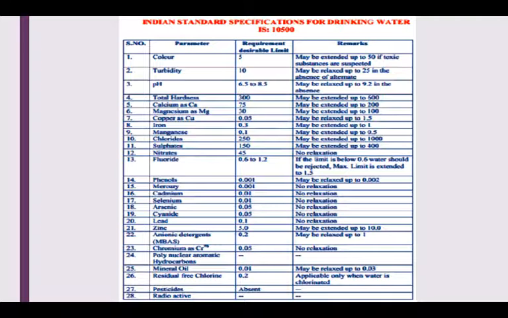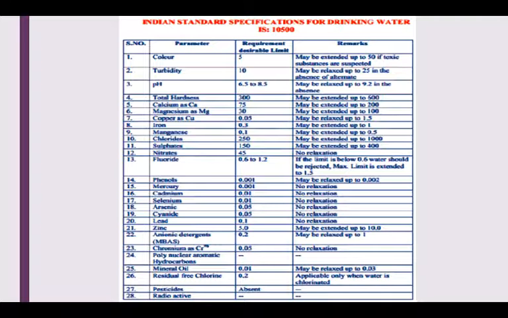Color, the desirable limit is 5 ppm, and may be extended up to 50 ppm if toxic substances are suspected. Then turbidity is 10, which may be relaxed up to 25 in the absence of alternate source. The pH value ranges from 6.5 to 8.5 for drinking water, may be relaxed up to 9.2 in the absence of alternate source.